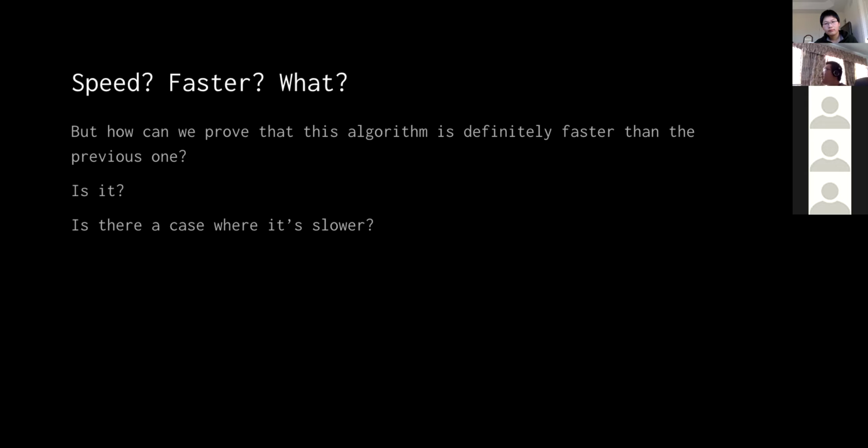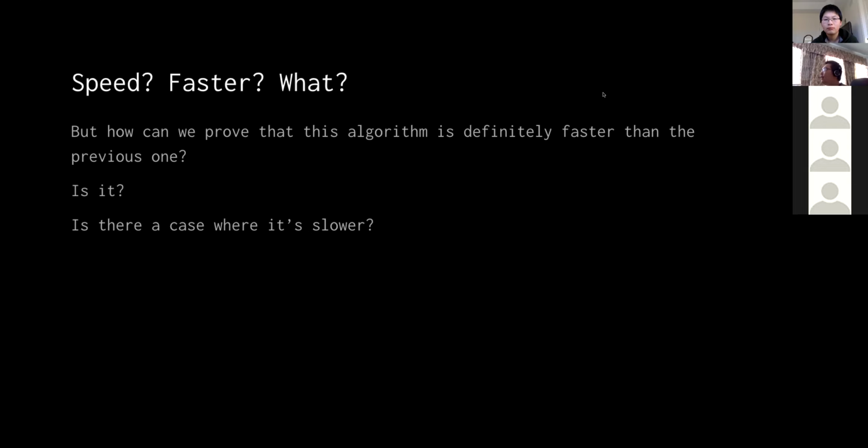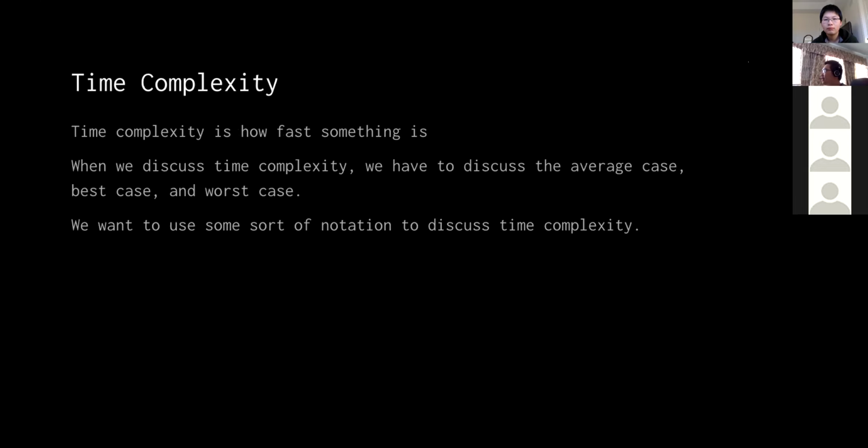Also, Matthew, can you see the chat at all? No, unless I leave the screen, I cannot see the chat. Oh, you can actually do that. There's something on the right of the screen, I think, like view chat or something.